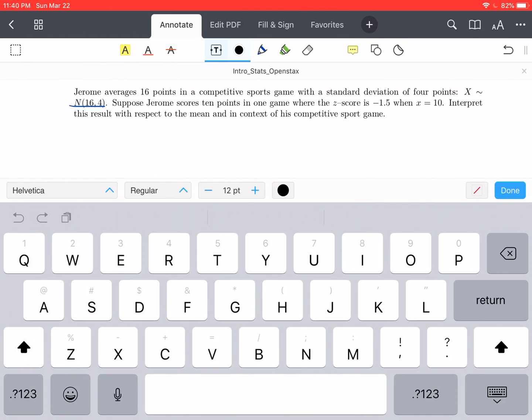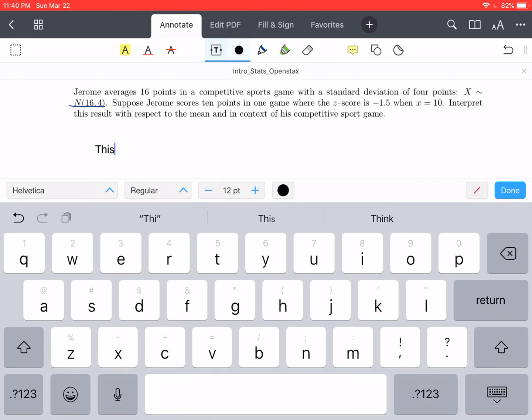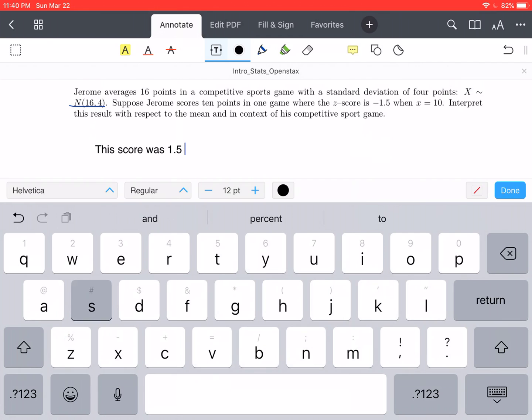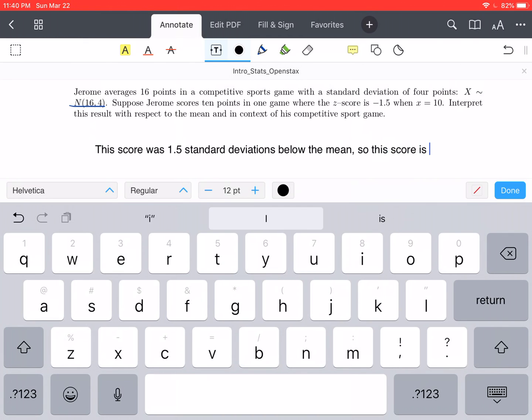So that negative 1.5 tells us that this score was 1.5 standard deviations below the mean. So this score is below average.